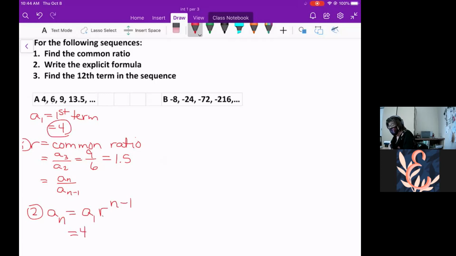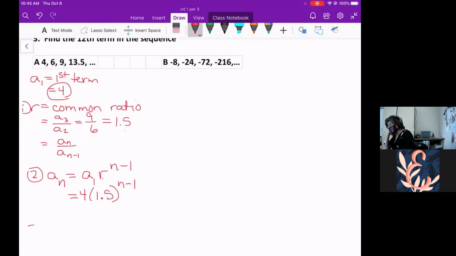R is 1.5 to the n minus 1. Now to find the 12th term, that means n is 12. So I want a sub 12. That means I'm going to use 4 times 1.5 to the 12 minus 1. And we talked about you're going to need a calculator.